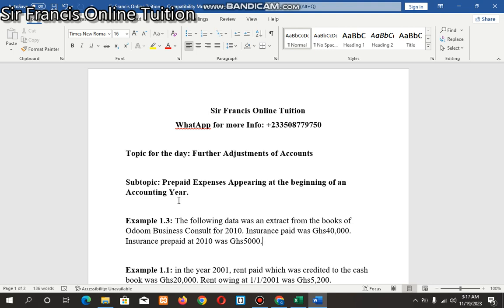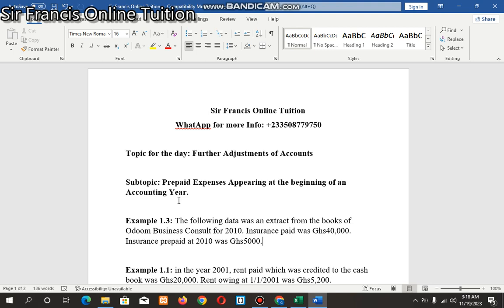So for you to treat it in the books, you have to debit it to your respective expenses account, or add it to your respective expenses for that year. The payment was made in the previous accounting year, but the benefits, you are going to consume in the current year or the coming year, which is 2011.